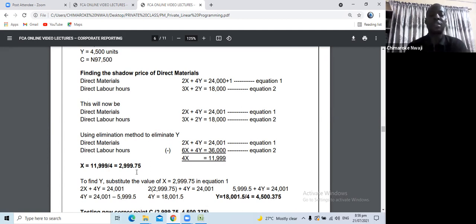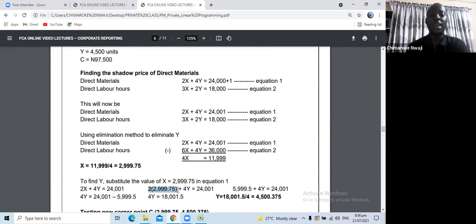If you approximate it, you'll be getting 3,000. So leave it at point 75. That's the essence. Then now let's substitute the value of x we've just gotten in equation 1 so that we can get y. So when you have equation 1, is this formula. So anywhere you see x, you put the value of x. So that's what we did here.